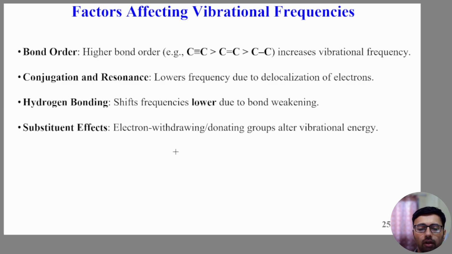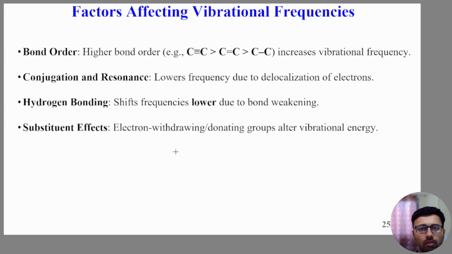This electron delocalization reduces the pure double bond character of the carbonyl bond. In other words, the bond becomes slightly weaker. And what happens when a bond weakens? Its vibrational frequency decreases. Therefore, conjugation lowers the carbonyl stretching frequency.